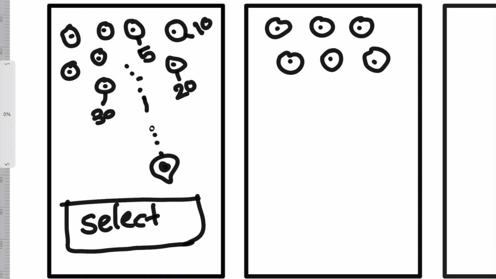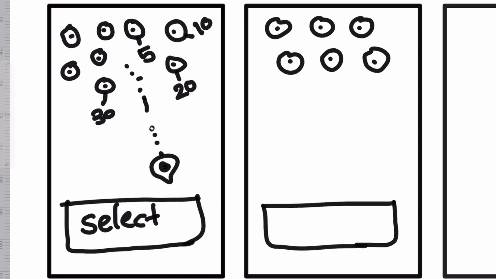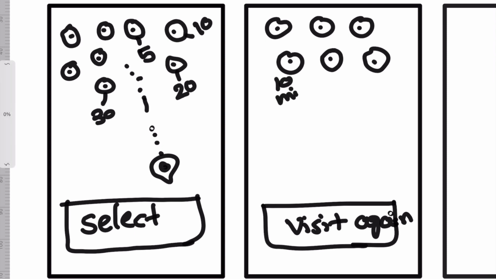The user can see the previous history of restaurants, so if they want, they can visit again. These are the restaurants that the user already visited, where they already had dinner, with 10 or 20 minutes available time for the next dine-in, to reserve the next dine-in place.